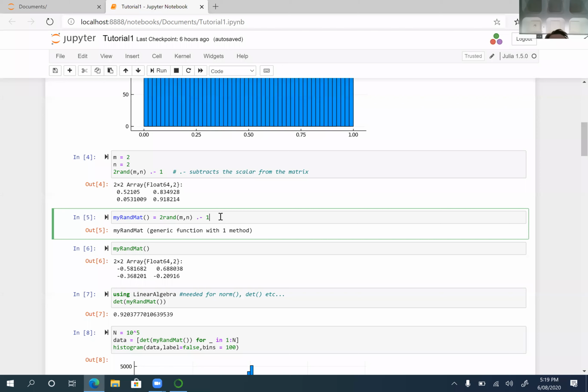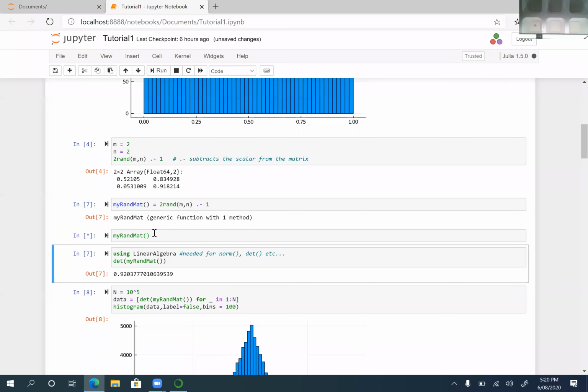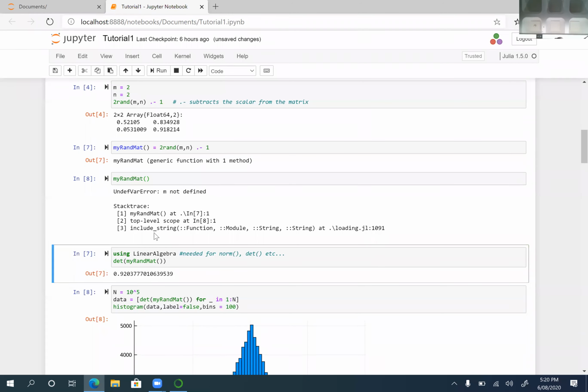The R and the M are capital, and the rest are lowercase. So we'll want to press Shift-Enter on that to define that. Okay, great. That should be in memory on my system here. So you want to do the same. And then let's try it out, and it should replicate what we did up here in line 4. But this time we've done so with a user-defined function.